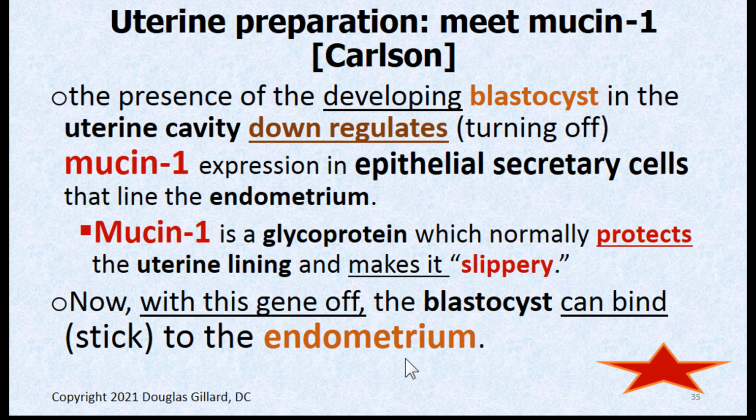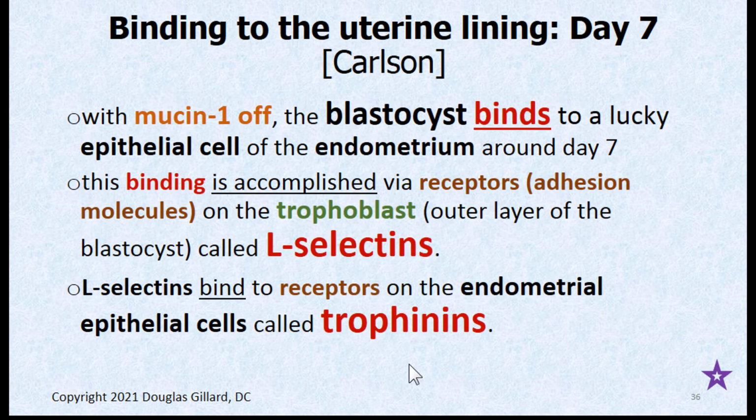So with mucin 1 off, and the epithelium kind of uncovered, not full of mucus, we can bind if we're lucky. So about day 7, this binding of our little embryo to the uterine wall occurs.